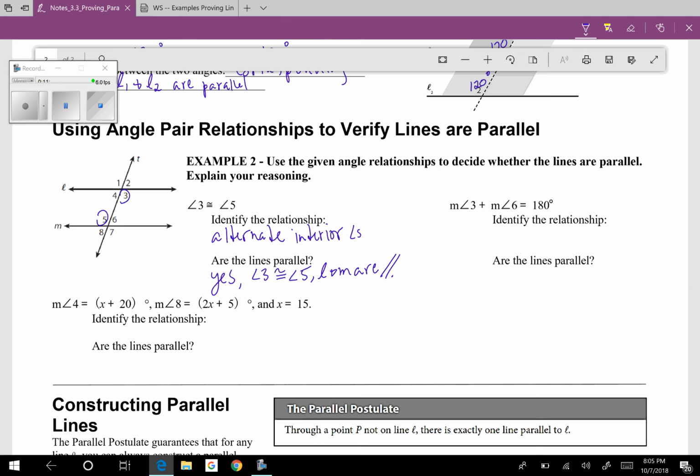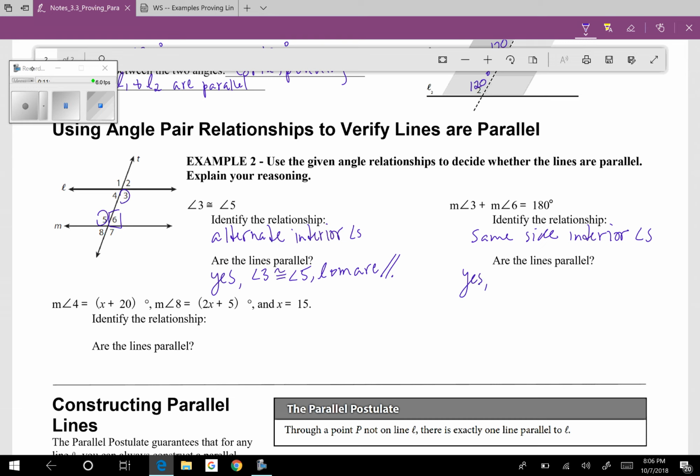Okay, so let's go over here. The measure of angle 3 plus the measure of angle 6 equals 180. So what's the relationship between 3 and 6? They're on the same side, they're both interior, so they are same side interior angles. And so are the lines parallel?